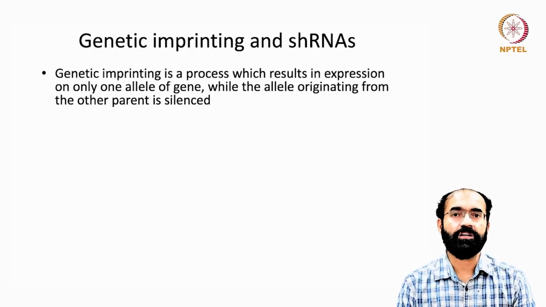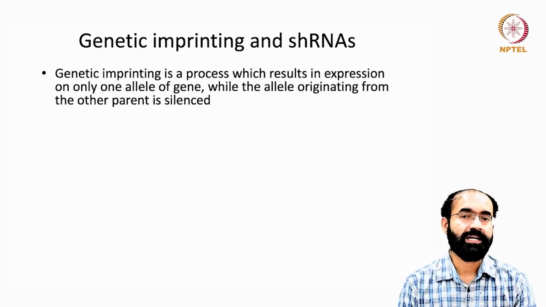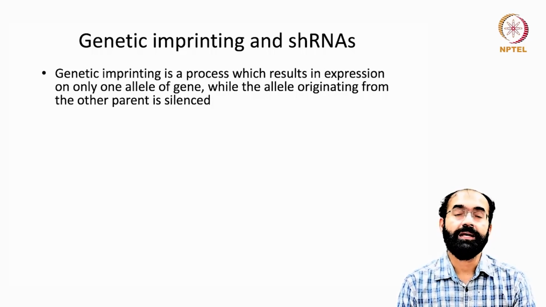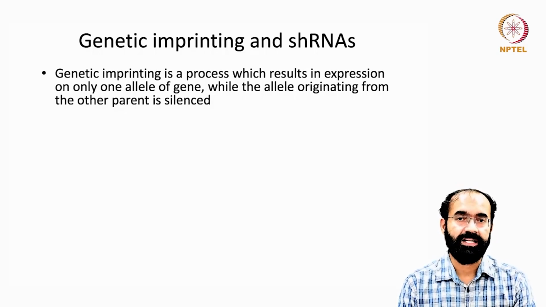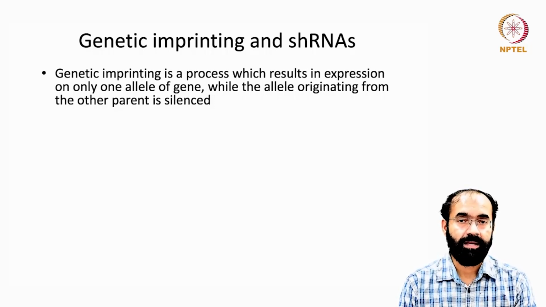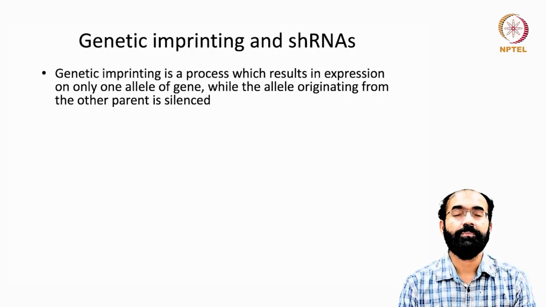Earlier it is the paternal X chromosome that is made inactive, but when it comes to imprinting, it cannot be random. Some genes, we will see many examples, a given gene will be expressed if it is coming from the father, whereas for some other gene it will be expressed if it is coming from the mother.